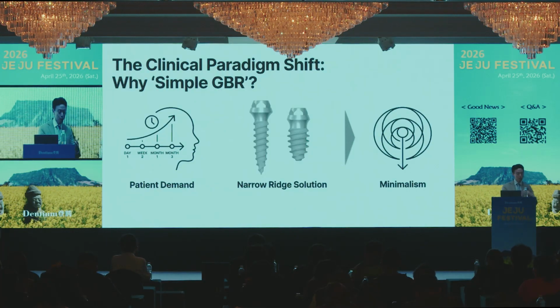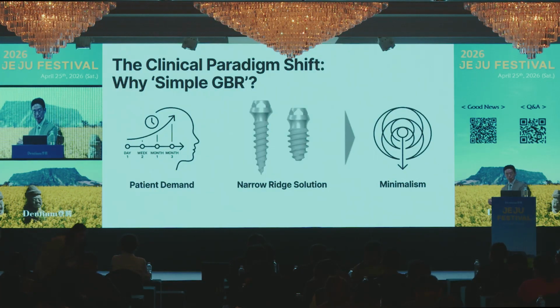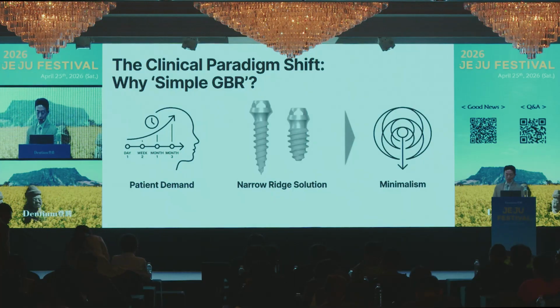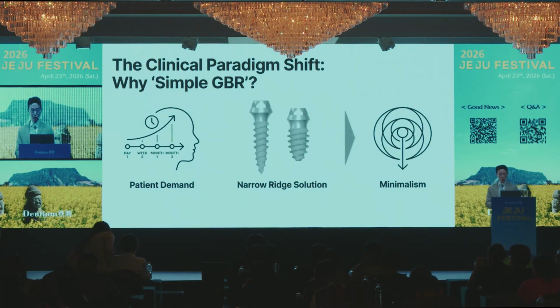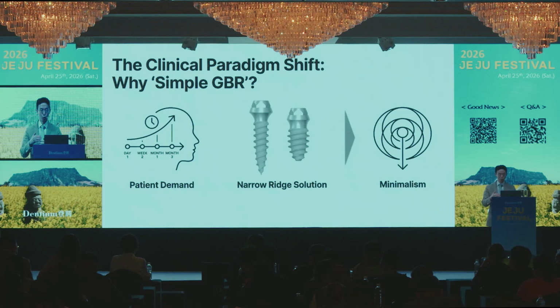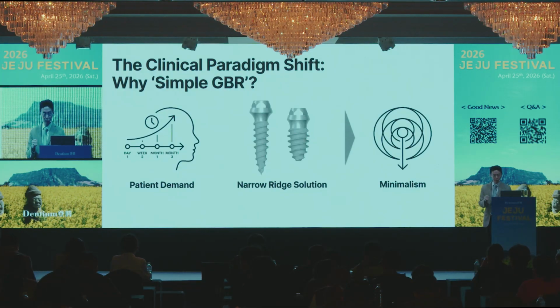Implants with superior strength, such as Bright tissue level, as mentioned before with Dr. Rim and Dr. Zhang. The tissue level fixture allows us to treat narrow ridge cases and short ridge cases without invasive, extensive bone grafting. Because of this, we can achieve minimalism treatment in Korea.